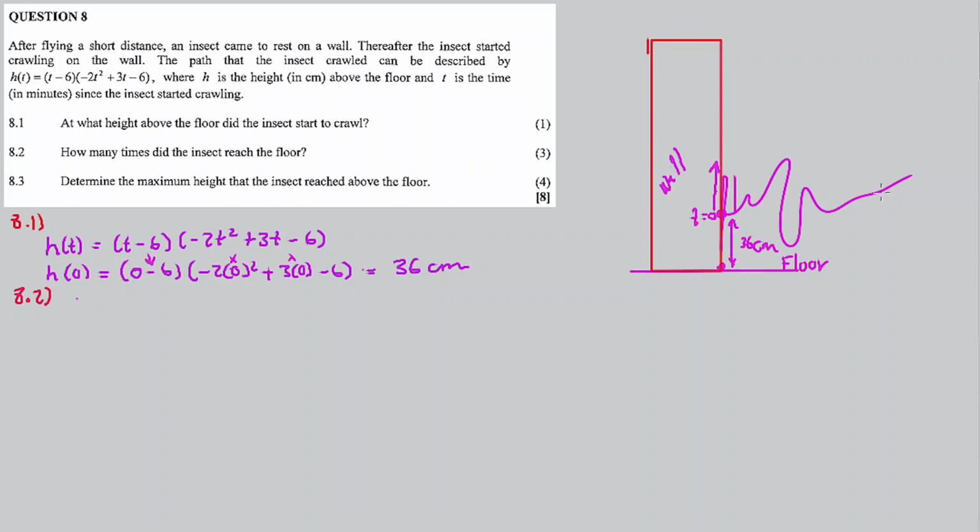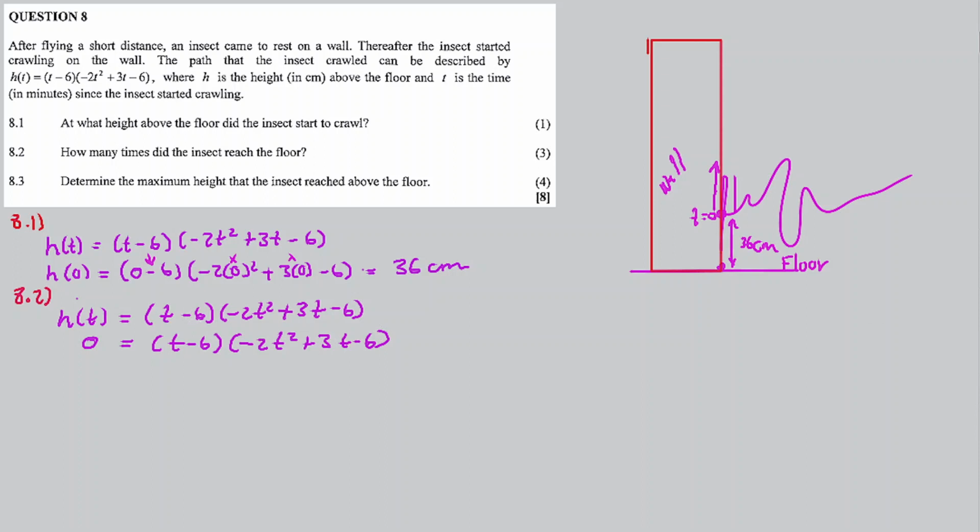Okay, when our insect reaches the floor, it means that the height is equal to 0. So we have to equate this equation to 0. The height is going to be equal to 0. There's no need to multiply these brackets out now.